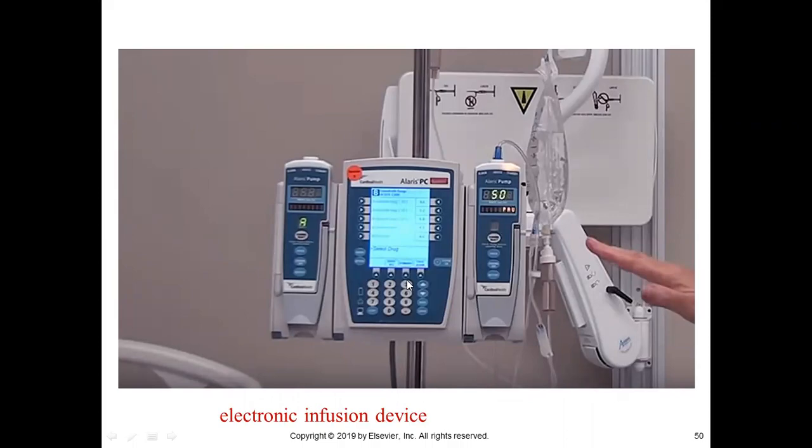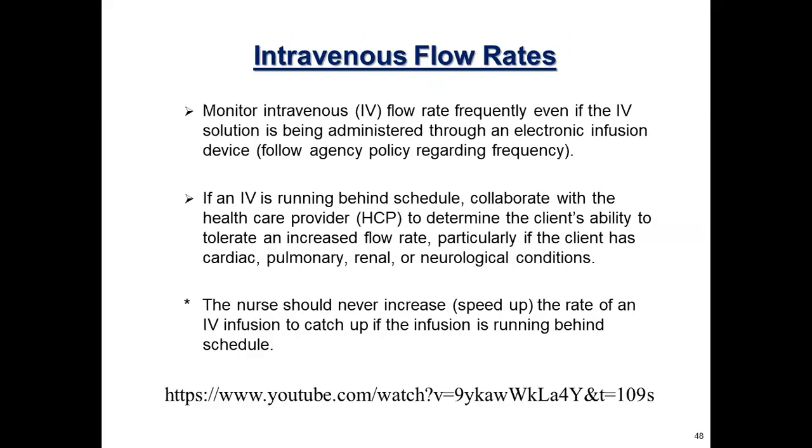It is easy to calculate the doses. If the IV is running behind schedule, the NCLEX board asks questions from here. Collaborate with the healthcare provider to determine the client's ability to tolerate an increased flow rate, particularly if the client has a cardiac, pulmonary, renal, or neurological condition.